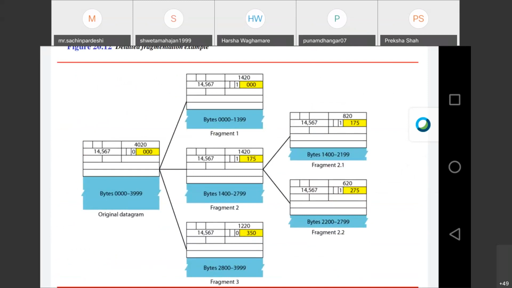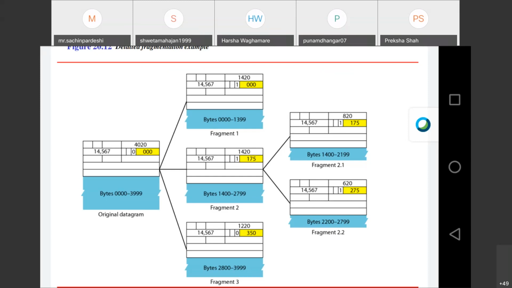Here is the example of datagram fragmentation. Different fields we have seen: the first is version, the second one is header length, third one is service, and the fourth field is total length. It is 4020. It means 4000 is the bytes of data and 20 is the header size.